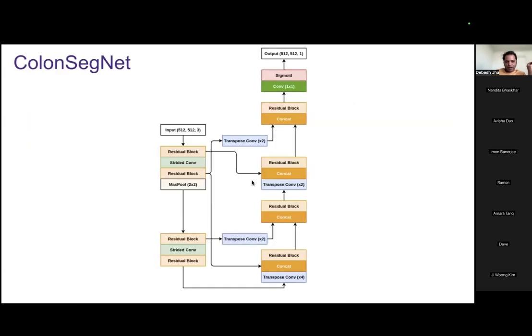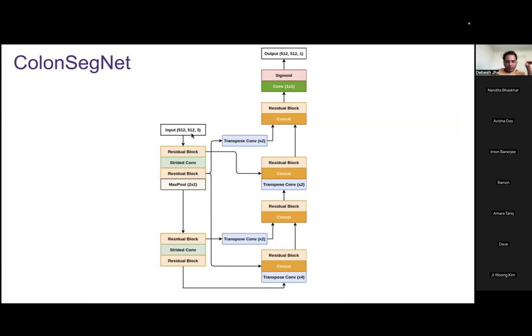And the third architecture I developed was ColonSegNet. The main goal of developing this architecture was to have a lightweight model. Instead of taking the input as 256 by 256, we try to increase the resolution.